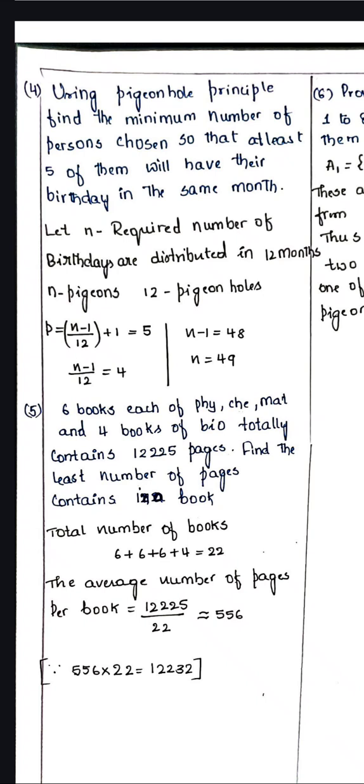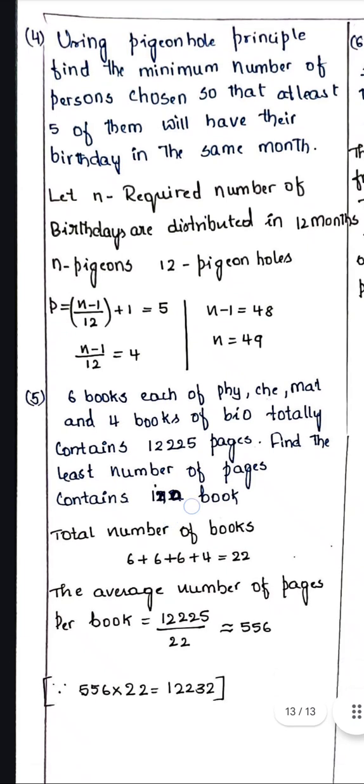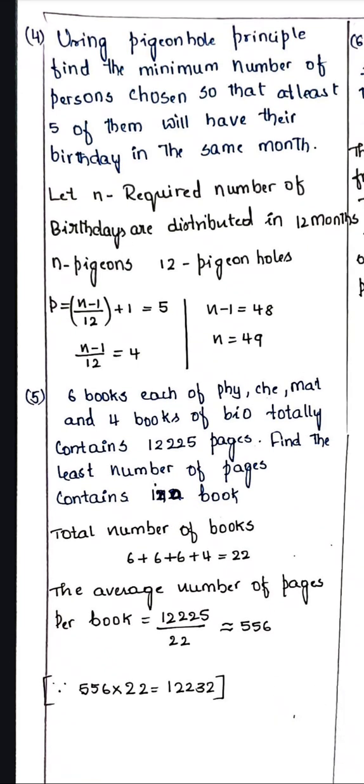That is the minimum number of persons chosen so that at least 5 of them will have the birthday in the same month.